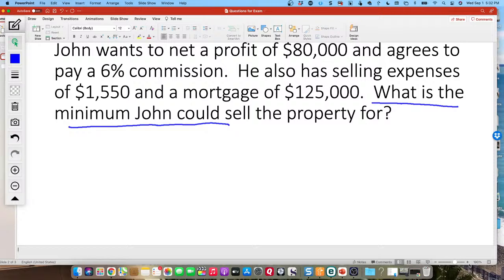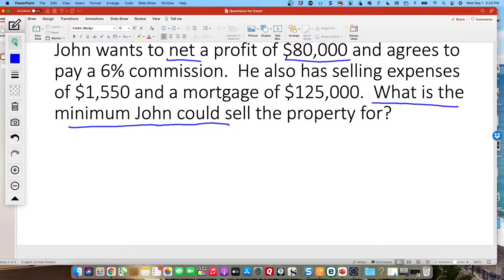And this is actually what we call a seller net problem. You look at this and you say, gosh, I don't know where to start. But don't let these problems, anytime you see a seller net problem, get you too concerned or too worried. Basically, we need to add up all of the expenses or the items that John needs.